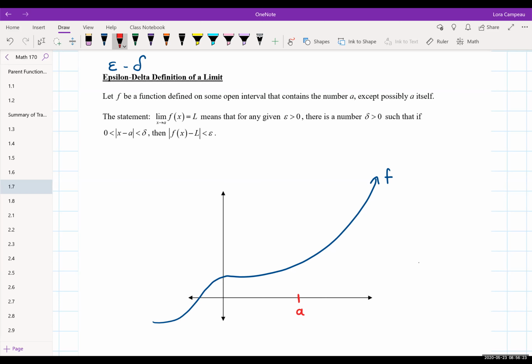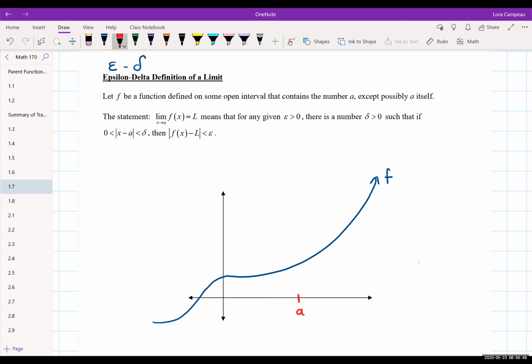And what we're interested in, revisiting this from section 1.5, is the statement: limit of f of x as x approaches a equals L. This is going to mean for any given epsilon greater than 0, so let me see if I can try to demonstrate this.